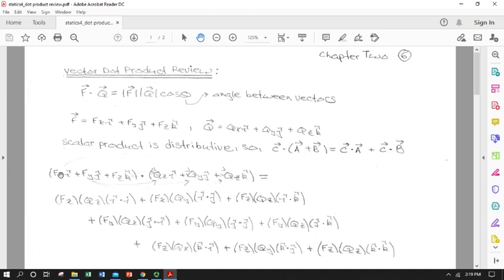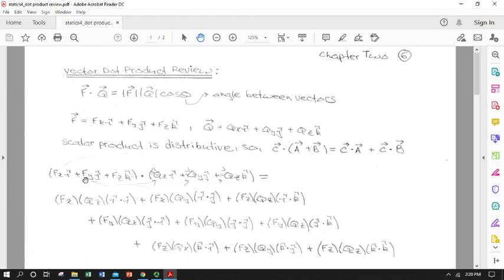So we're going to pretend we're back in elementary algebra class, and we're going to use that first, outer, inner, last. And so we're actually going to multiply these two vectors out, and we're going to use what we know about the properties of unit vectors, given this definition up here, to multiply the unit vectors by each other using this relationship.